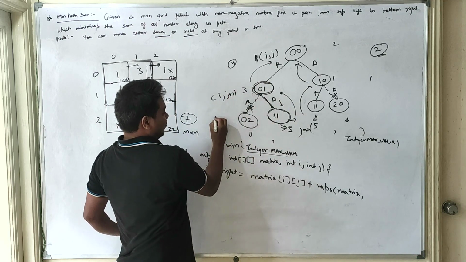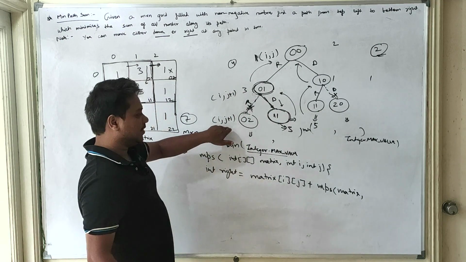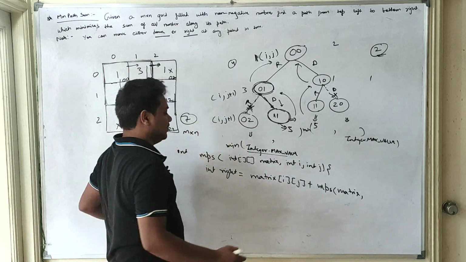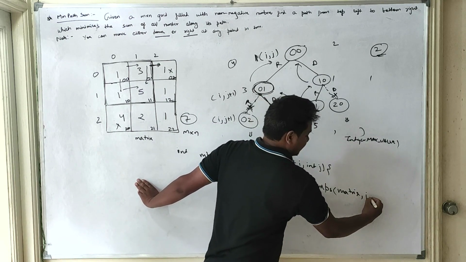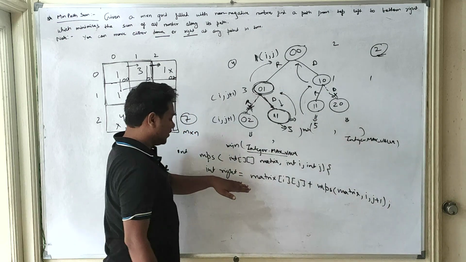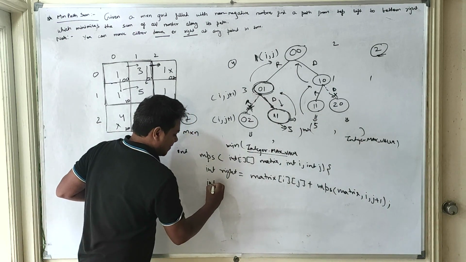As you can look over here also, i constant, j is getting incremented, but anyhow we are not going to this path. This will get covered in the boundary condition. So now matrix i is constant and j we are incrementing. Okay, so we can go either to the right or we can go to the down.